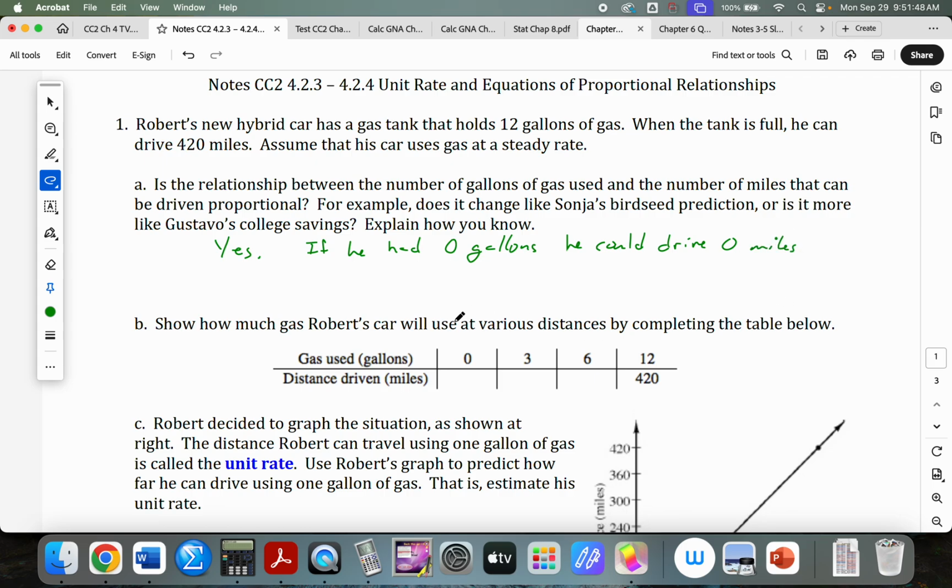And the other part that's important is that if he had half as much gas, would he be able to go half as many miles? Yeah. If he had half as much gas, he could only go half as far.